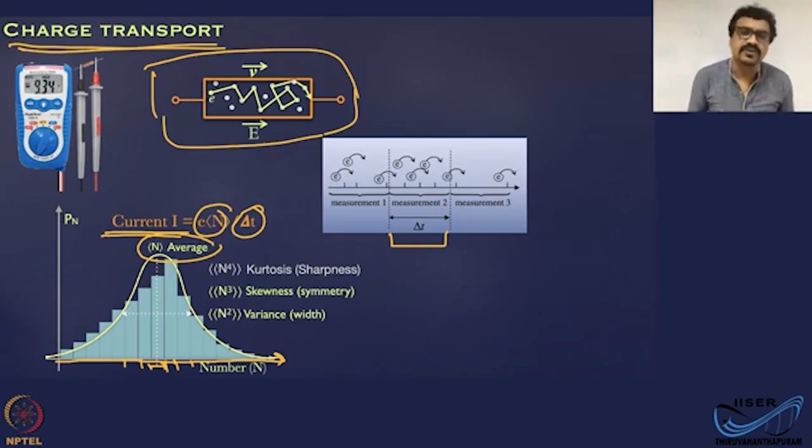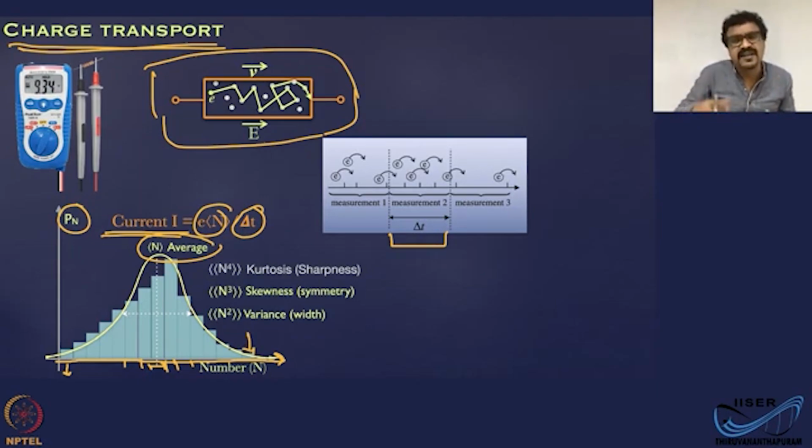That is this plot. What is the probability of getting a certain number n? And the probability of getting a very low number and a very high number are very low, because it has a statistical behavior.